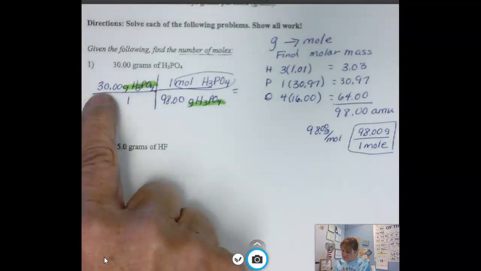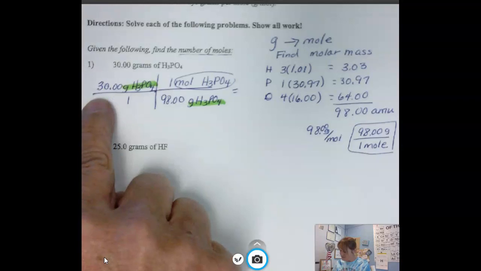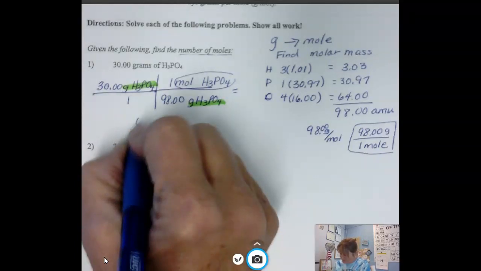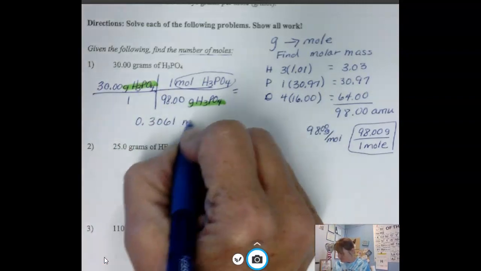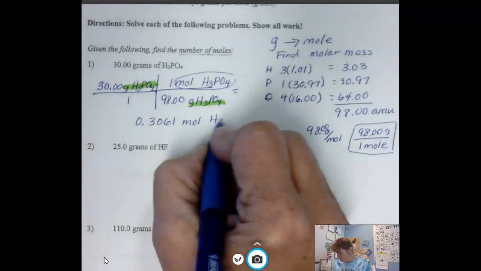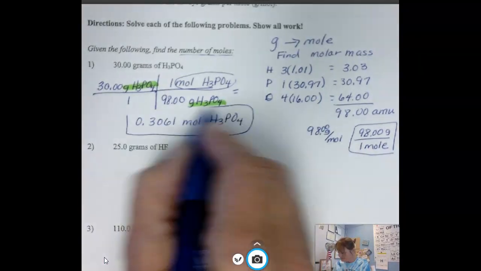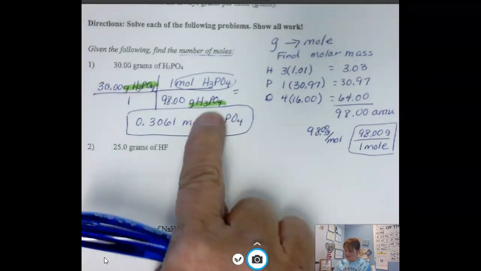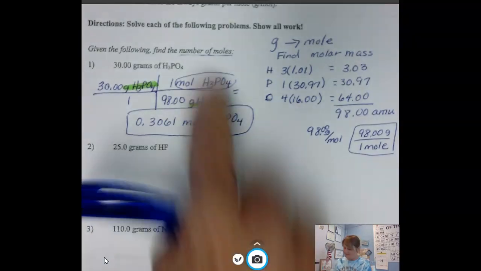I need 4 digits, so that would be 0.3061 moles, and that would be my final answer. Okay. Grams and grams cancel, moles on top. If I start with moles now, this will be flipped upside down.